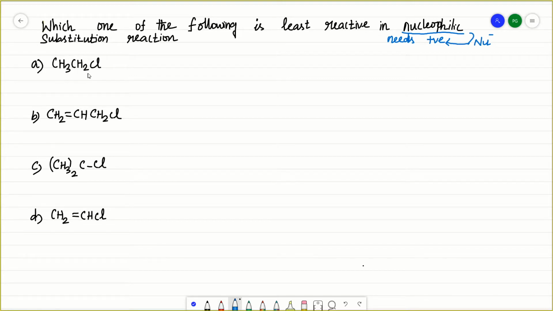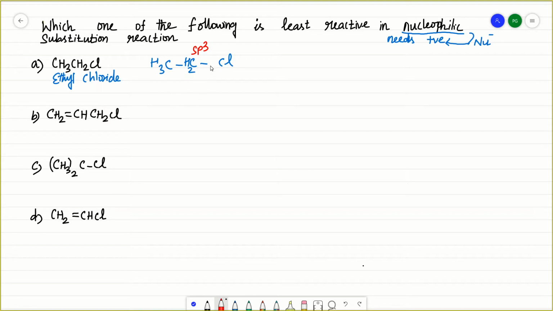So first let us take CH3CH2Cl. It's chloroethane or ethyl chloride. See the hybridization of carbon here. This is CH3, CH2, and the carbon has sp3 hybridization.